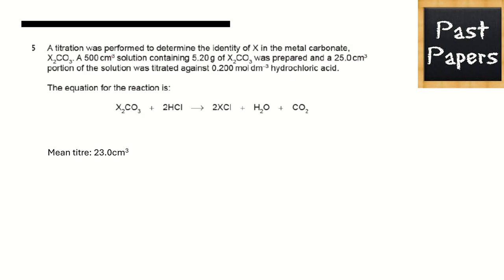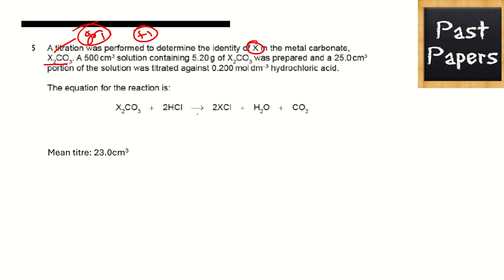We have a titration that was performed to identify X. Now X is X2CO3. The first thing that, if I was a student, I would pick out is that X must be group 1, because it's X2CO3, so it must have a charge of +1. If it doesn't, whenever you get your answer, you've done something wrong.